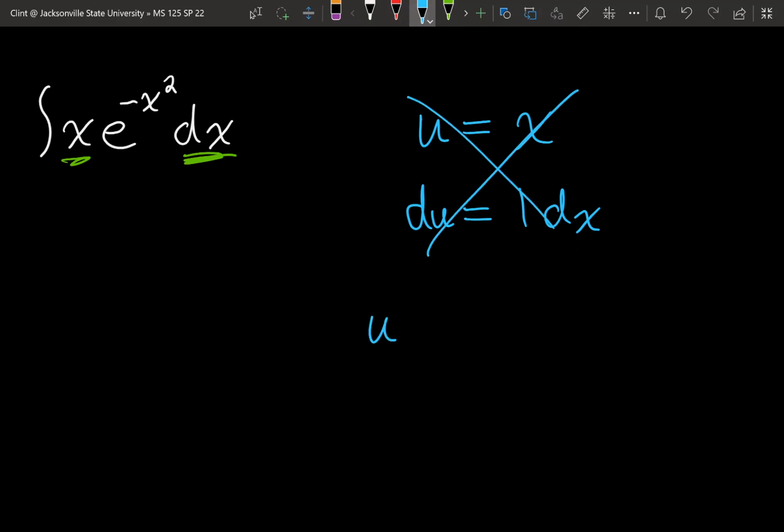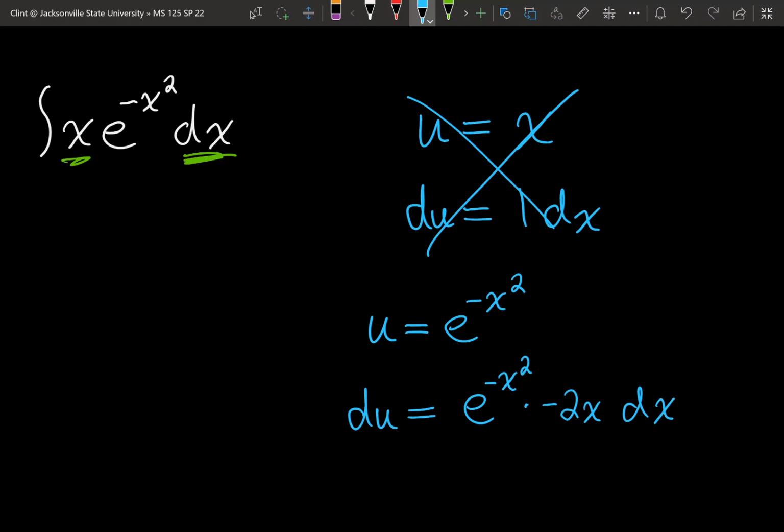Maybe we could try e to the negative x squared. And then if we try to find du, that gets messy. So we'll have e to the negative x squared times negative 2x dx.